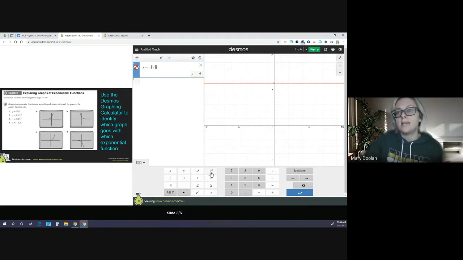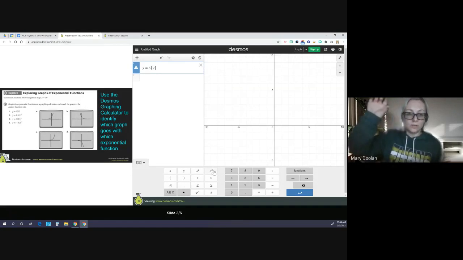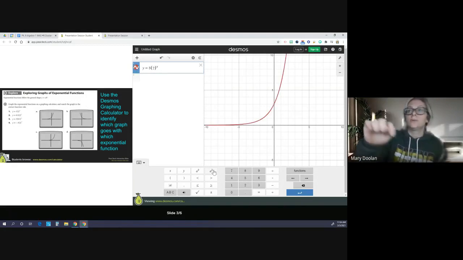It says a to the b, a to the exponent of b. Click that, and your cursor will move up to the exponent area. Now you can type x. Boom, look at that. I have a graph.